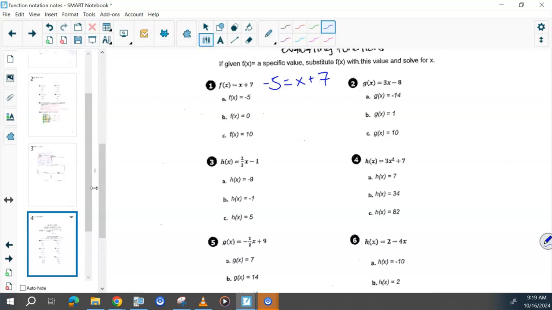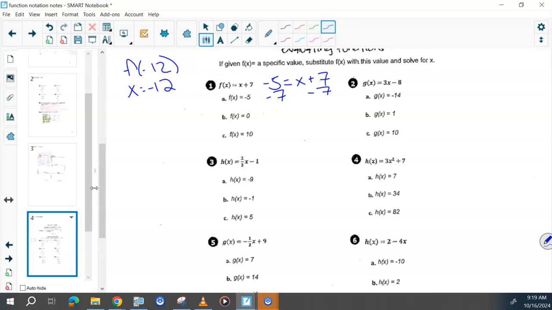If I'm not adding 7, I would subtract. So that x equals -12. So you might see that as x equals -12, or you might see it as f of -12. Either or.